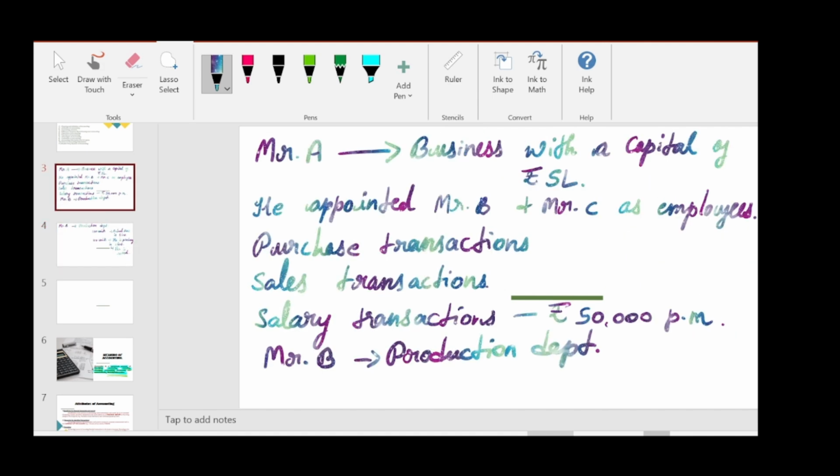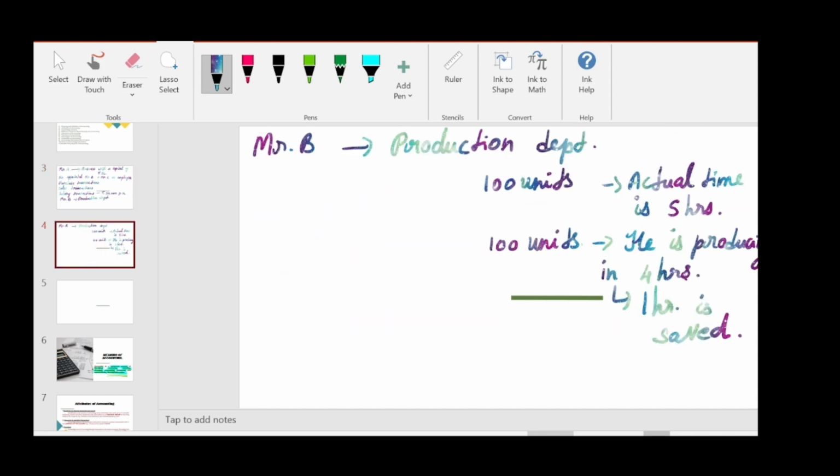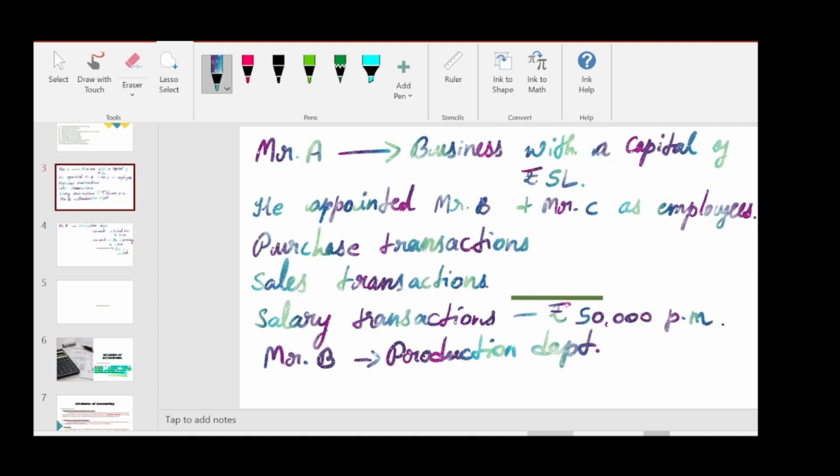The first one is, they have given this much information here. The first step is to identify the financial transactions and events. So what are the financial transactions and events here? One is the purchase transaction, because purchase transactions involve cash.